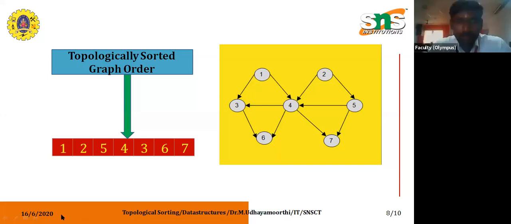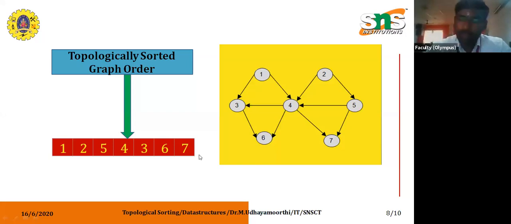Based on the concept of this rule, what I told, first you take the node which is having no incoming edges. Among the nodes with no incoming edges, you remove the node which has the lowest priority. Among the lowest priority, you schedule the first one.